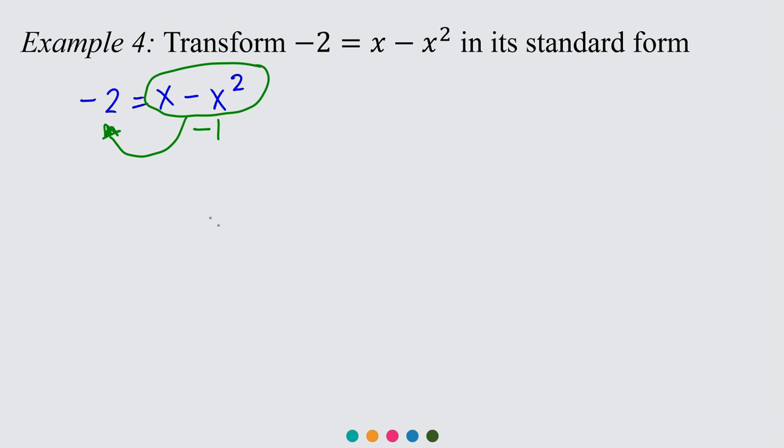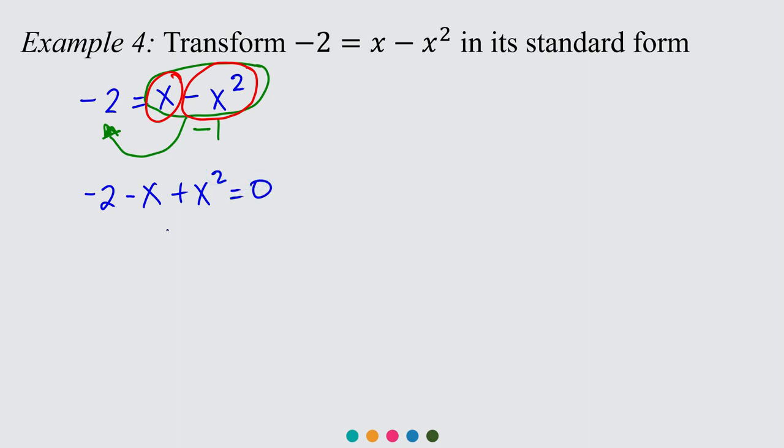para magkaroon tayo ng positive na a. So, we have negative 2 is equal to, so itong x muna tayo. So, positive x, pag nilipat natin dun sa right side ng equation, we have negative x. Susunod, negative x squared naman. So, pag nilipat natin or transpose, we have positive x squared is equal to 0.